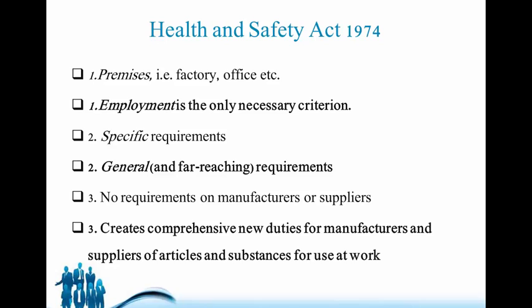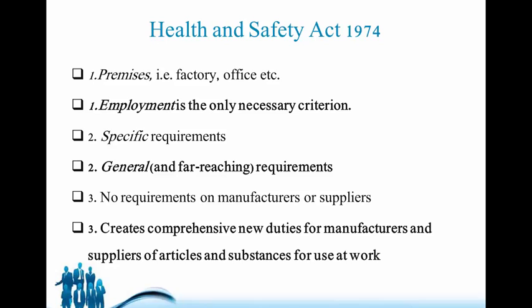Point number 2 is old legislation talked about specific requirements like, for example, every dangerous part of any machinery shall be securely fenced. But new legislation talks about general requirements like it shall be the duty of every employer to ensure the health, safety, and welfare at work of all his employees.